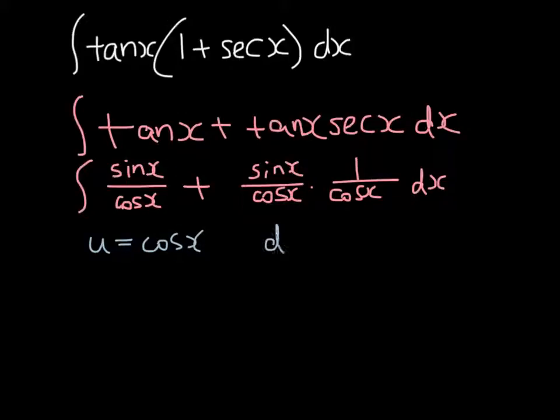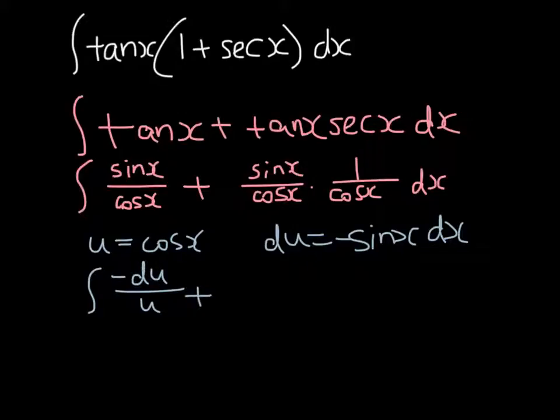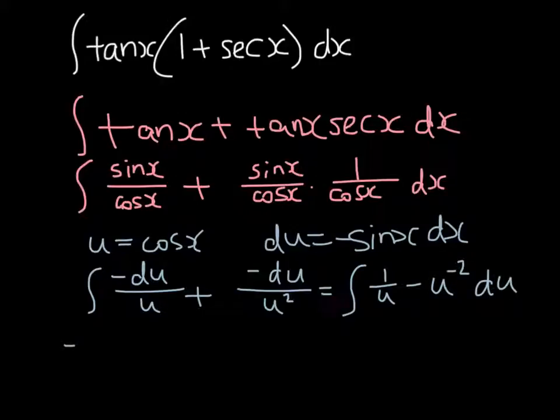So du equals negative sine x dx, meaning we can replace our integral with the integral of minus du over u plus minus du over u squared, or the integral of 1 over u minus u to the negative 2 du, which is the ln of the absolute value of u, and then the second part you want to use the power rule.